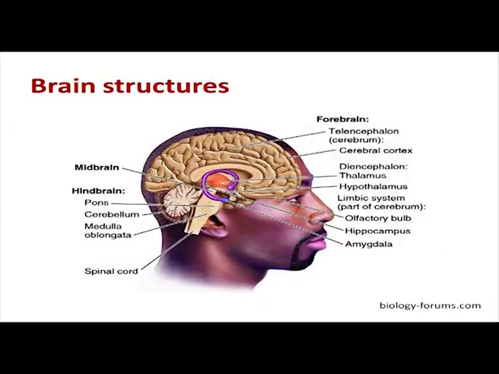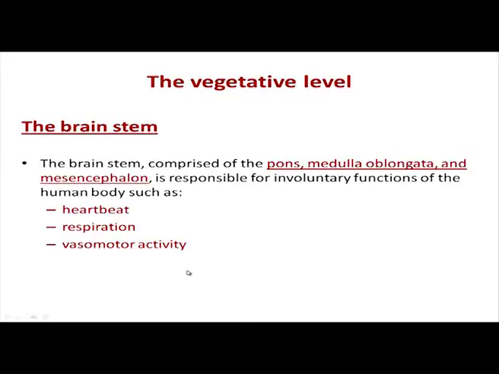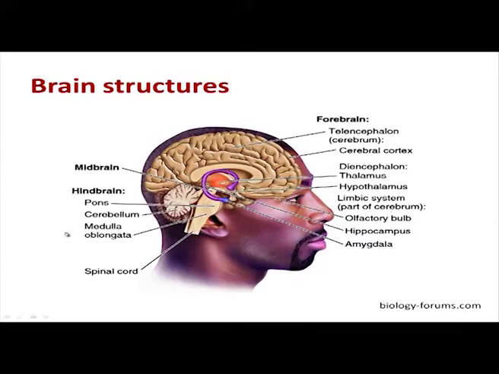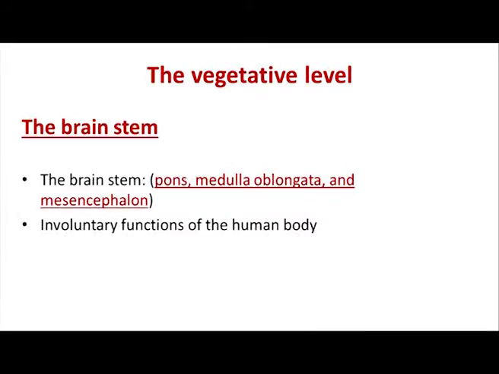Now, again going back to the brain structures, we will discuss the brain stem. As you can see, the brain stem consists of the pons, the medulla oblongata and the mesencephalon. Now, the brain stem is responsible for involuntary functions of the body, like the heartbeat, the respiration and the vasomotor activity.